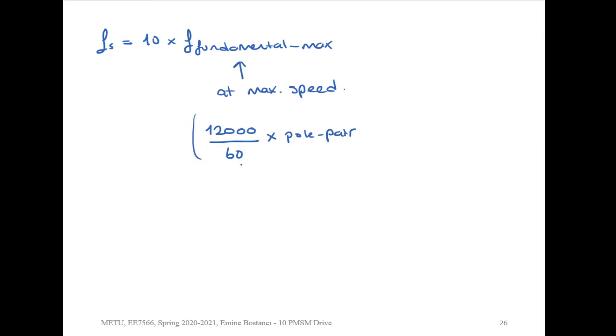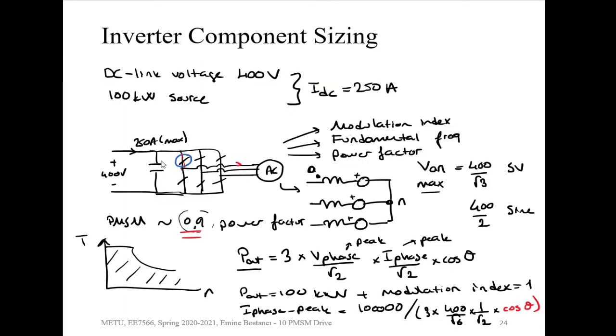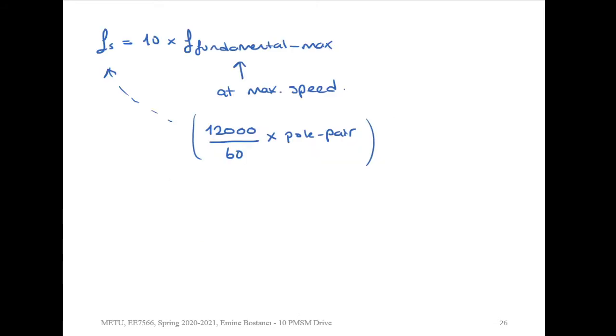Based on that, we need to select a switching frequency. And if we know the voltage rating, current rating, and switching characteristics that we require, then we can select this side of the inverter.